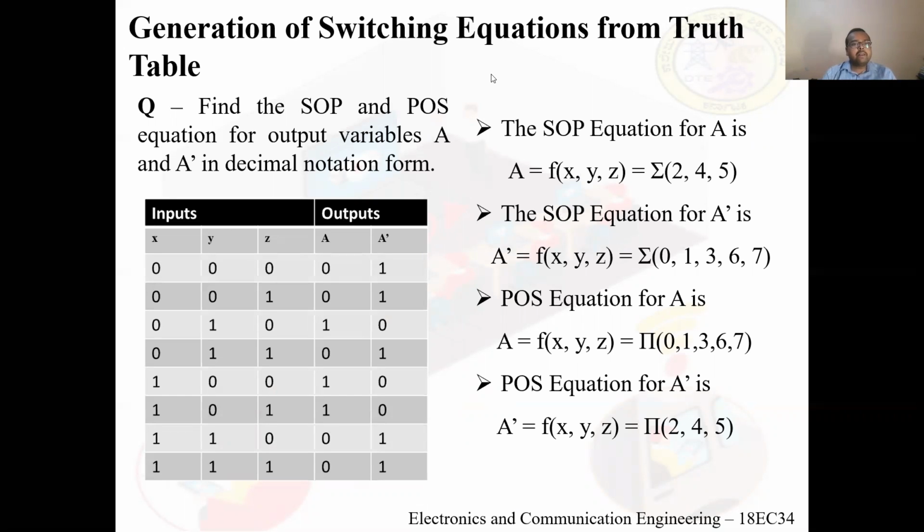We'll see one more example. Find the SOP and POS equation for output variables A and A bar in decimal notation form. Now for A and A bar, you need to write the SOP and POS equation in decimal notation form. Now how do you write it for A?